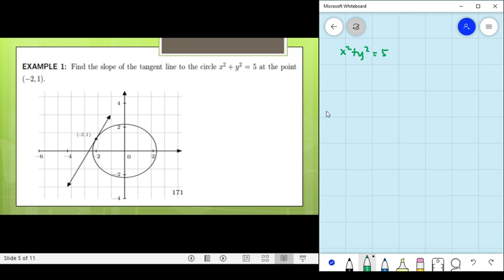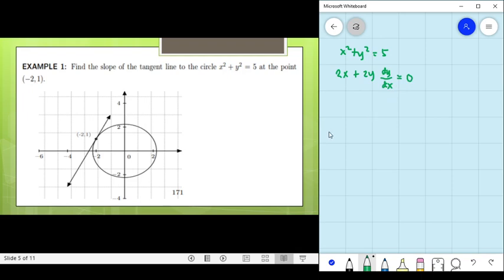Okay, so finding the derivative of x squared, it's 2x. Then plus derivative of y squared is 2y. Since we are differentiating y, we put dy over dx, equals derivative of 5, which is 0.